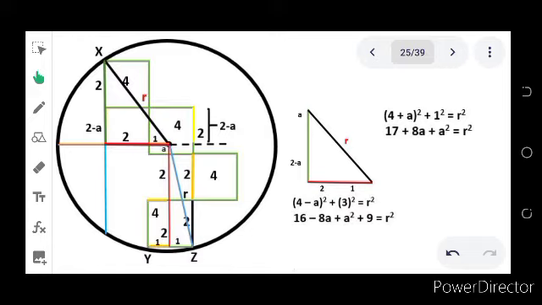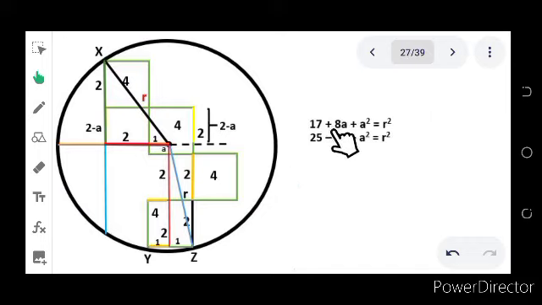Both equations, as you notice, are solved for R, so we can combine the two equations. We simplify this one further: 16 plus 9 equals 25 minus 8A plus A squared equals R squared. We have 17 plus 8A plus A squared equals R squared, and 25 minus 8A plus A squared equals R squared.